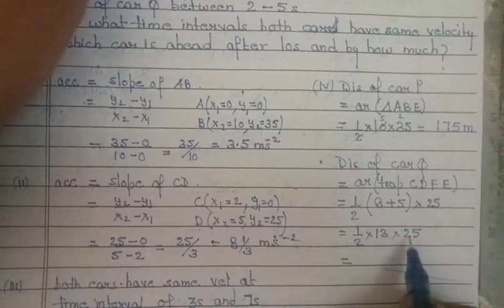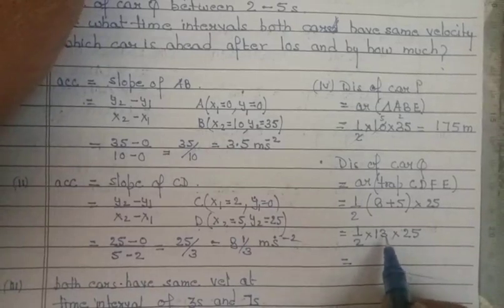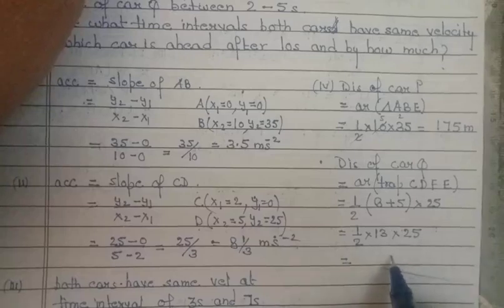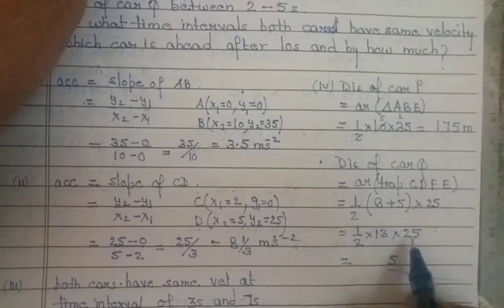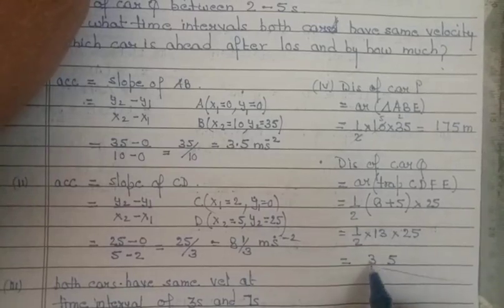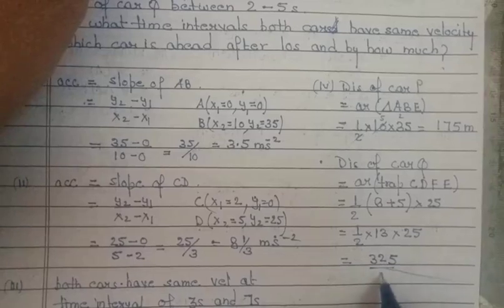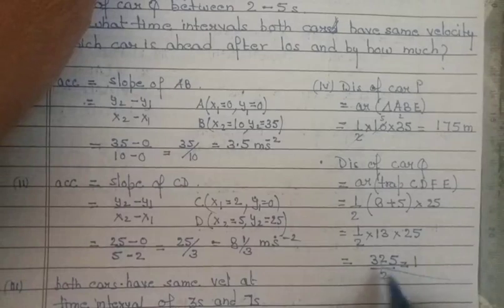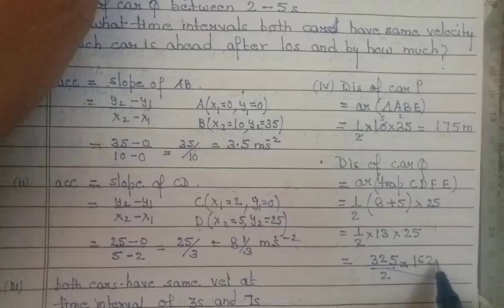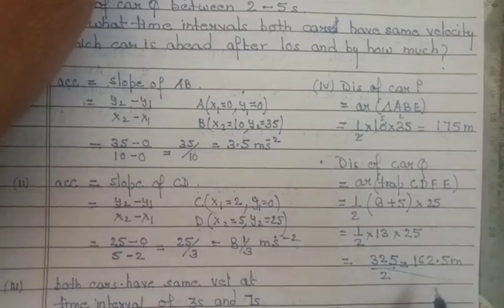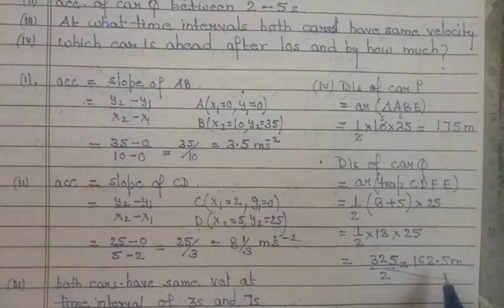So let's multiply it. First of all, 25 into 3 is 75, and 25 into 10 is 250, so 325 divided by 2 gives 162.5. So this is the distance traveled by the car Q.